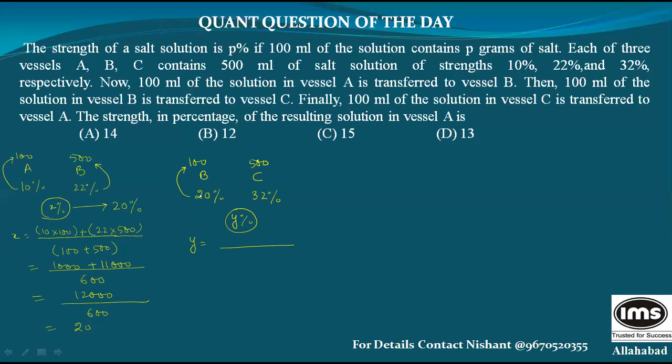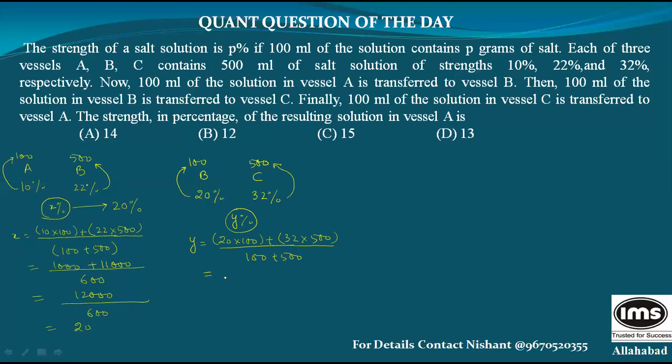Multiply these two numbers, 20 multiplied by 100, plus multiply these two, 32 multiplied by 500, divided by the addition of these two, 100 plus 500.